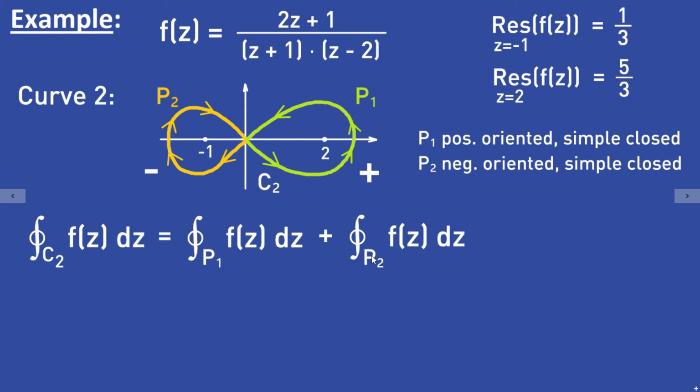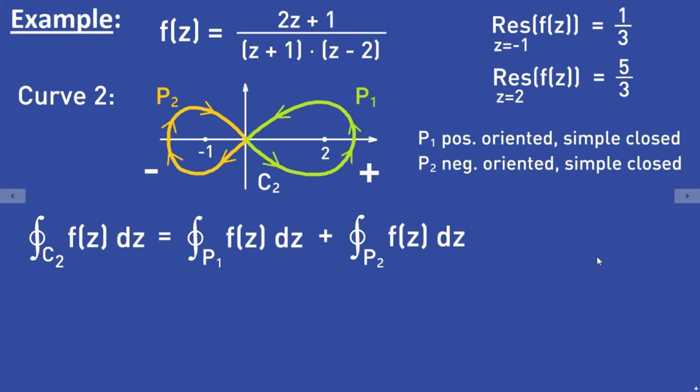The curve P1 is positively oriented and simple closed. The curve P2 is negatively oriented and simple closed. That means we can apply the residue theorem to evaluate the curve integrals along P1 and P2.